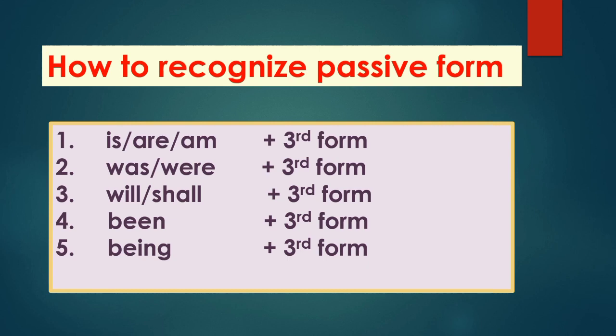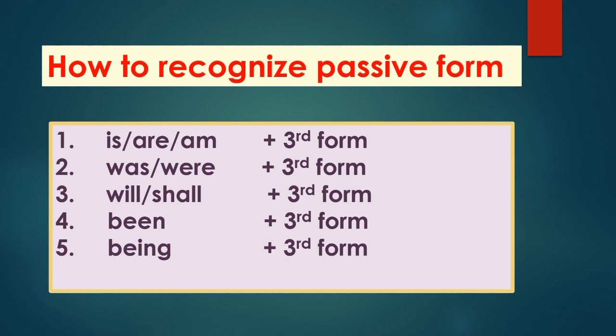If the third form is used with "is" or "am", if "was" or "were" or "are" is added with the third form, if "will" or "shall" is added with the third form, if "been" is used with the third form, or if the third form is being applied with a "being", then we can easily recognize that this is a passive form of sentence.